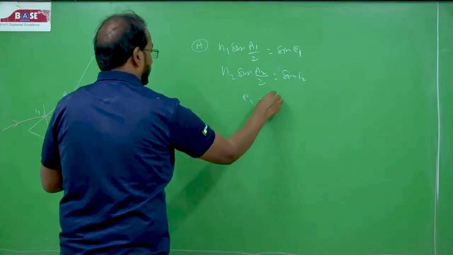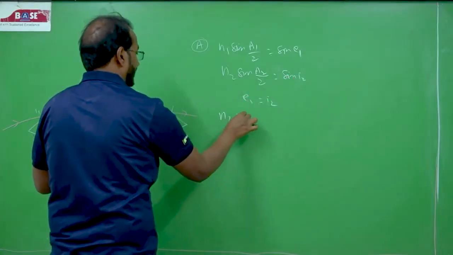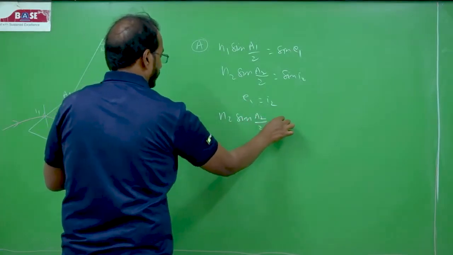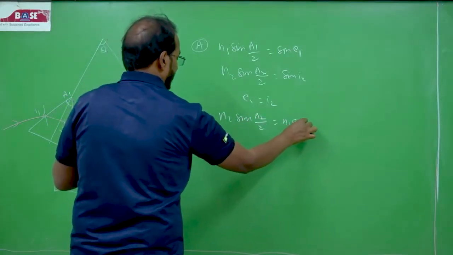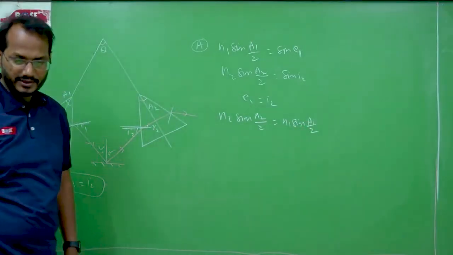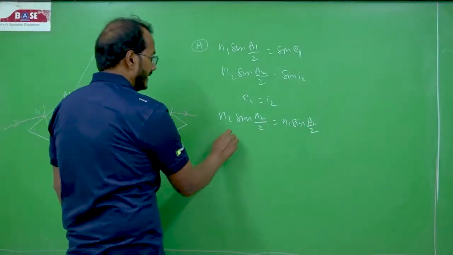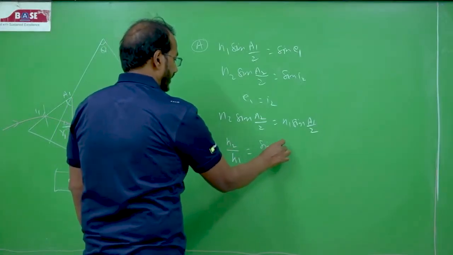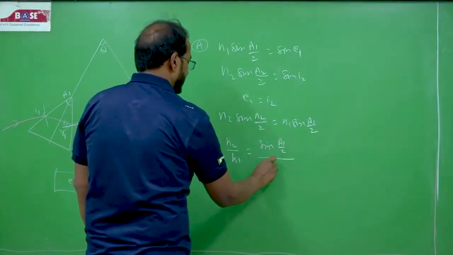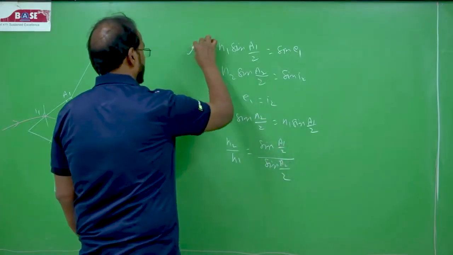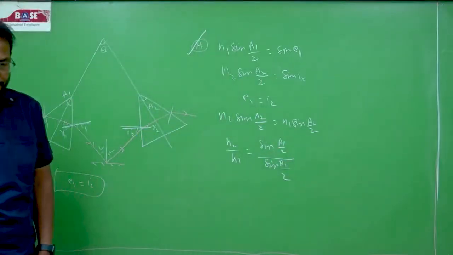And E1 is equal to I2. So we write N2 sine A2 by 2 is equal to N1 sine A1 by 2. And in the first option, we find N2 by N1 is equal to sine A1 by 2 divided by sine A2 by 2. So it is correct. It is option A.